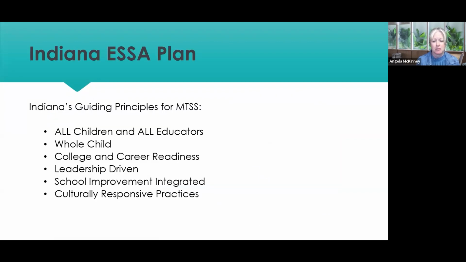And I think some of these kind of point out a little bit of those differences between the thinking with RTI, response to intervention, and with MTSS. The biggest ones that stand out for me is the first two. So it is all children and all educators.